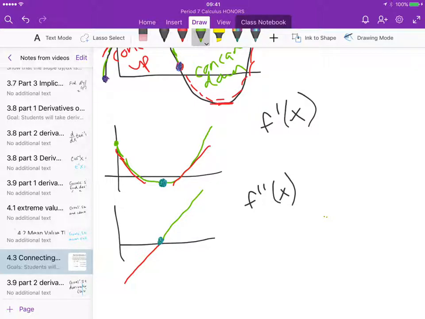Well, the inflection point itself is what happens when the slope goes from decreasing to increasing, or really when it goes from concave up to concave down.